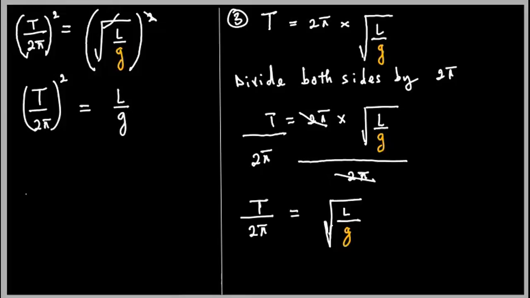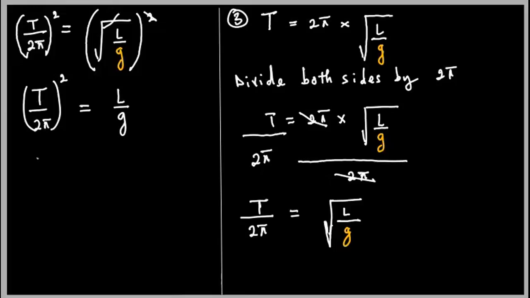So what's next here? What can we do here? We can choose to expand this. Now this left hand side actually means that this square belongs to both T and 2 pi.